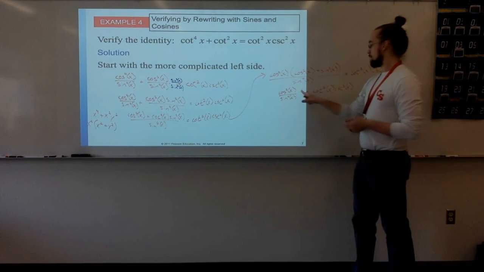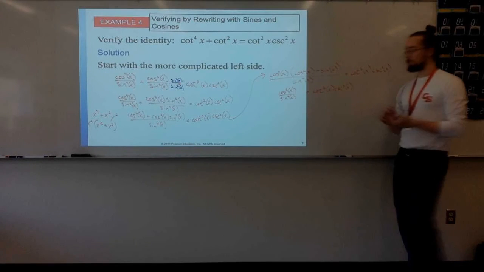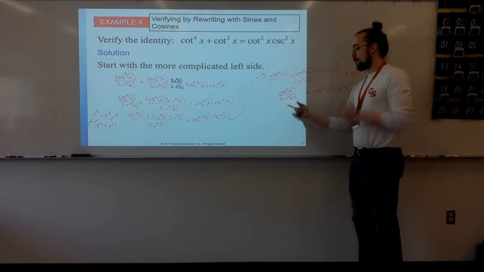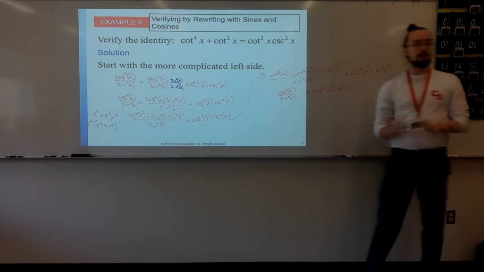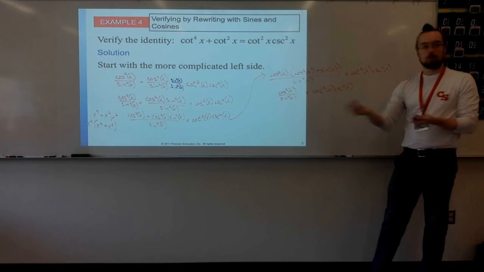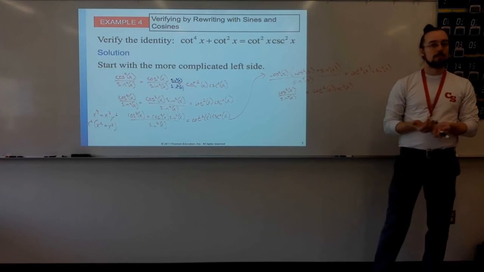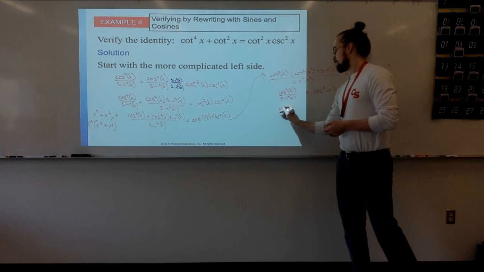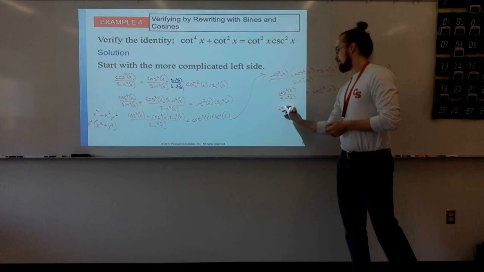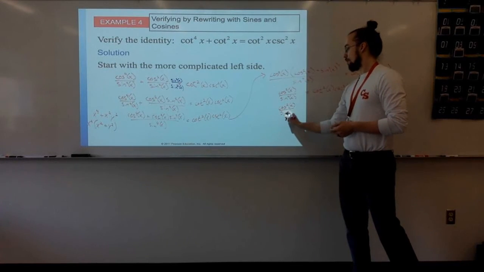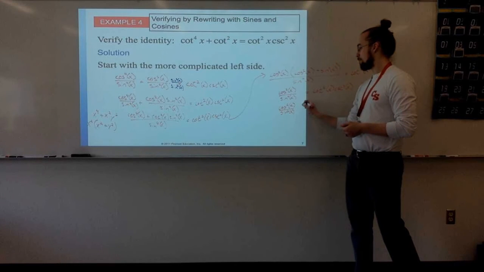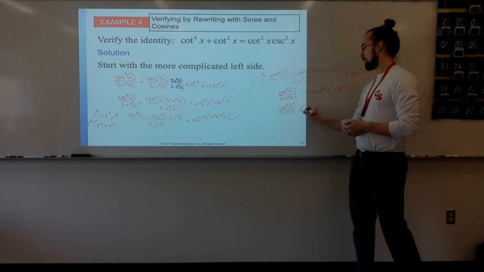So, I just have squared terms over here. What I can think about doing now is rewriting the denominator as sine squared times sine squared. So, I can split this up into cosine squared of x over sine squared of x times 1 over sine squared of x.